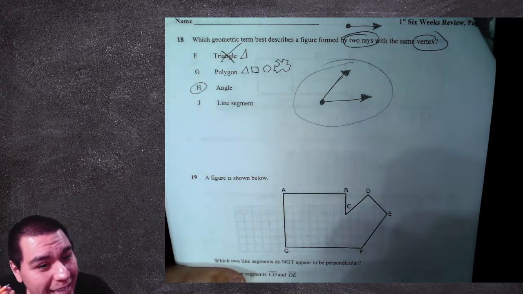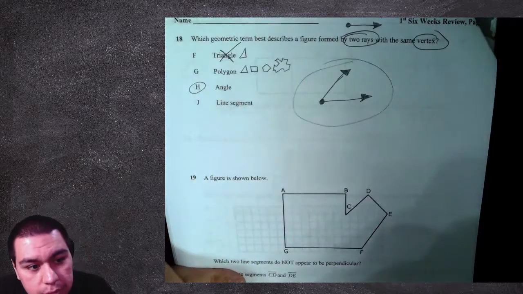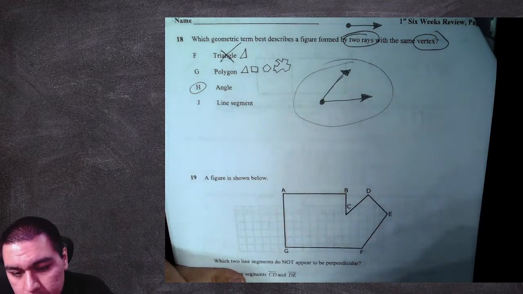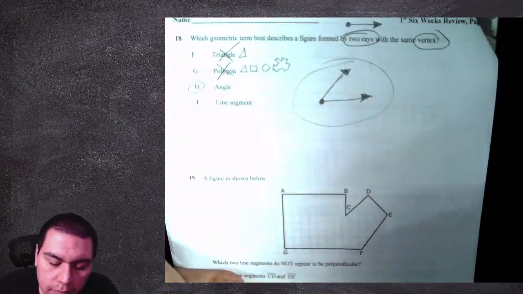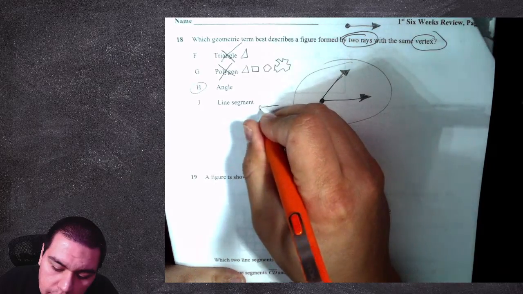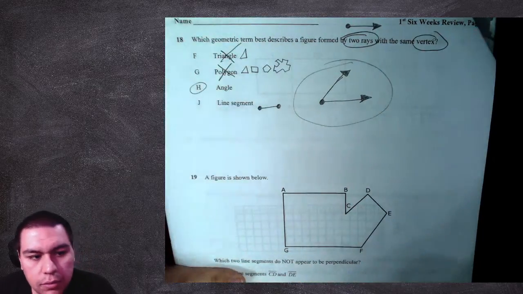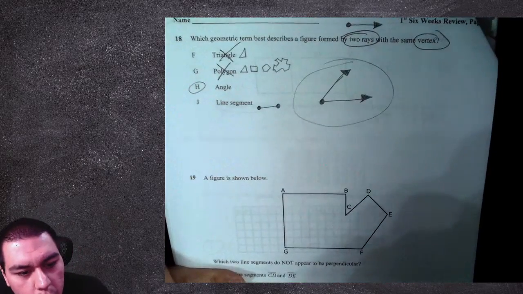A polygon is anything that has more than 2 sides and no openings. And a line segment has to have 2 endpoints. One on one side, one on the other.